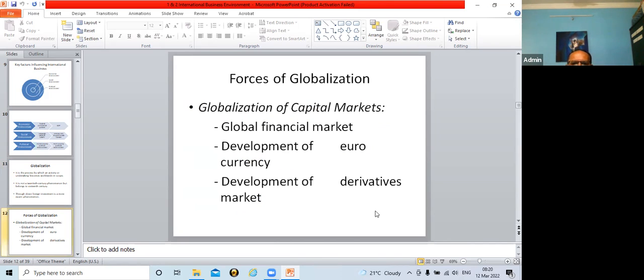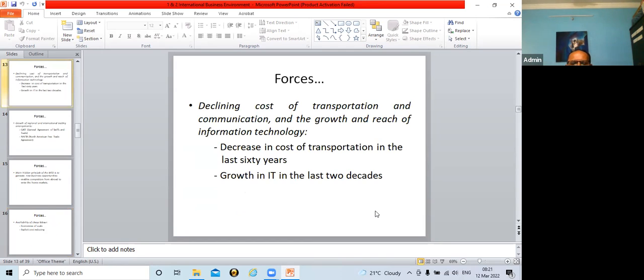These are the forces of globalization. That is the capital market. Because of this capital market, now the world has become a small village. Then declining cost of transportation. Transportation cost has decreased. Then growth in the IT sector, particularly in the last 2-3 decades. You have all witnessed how information technology has developed, and it is useful for individual and corporate life.